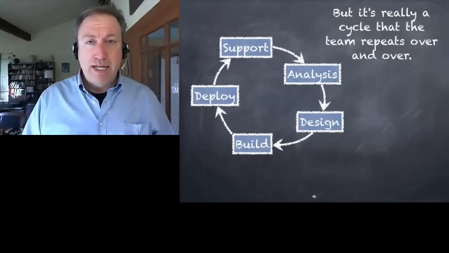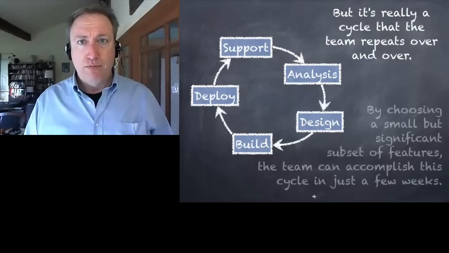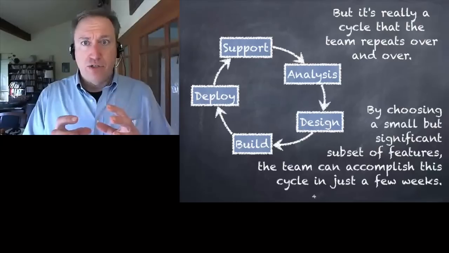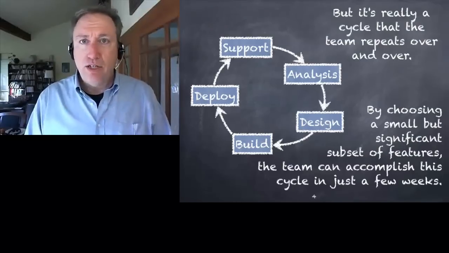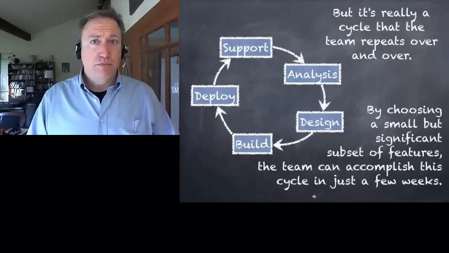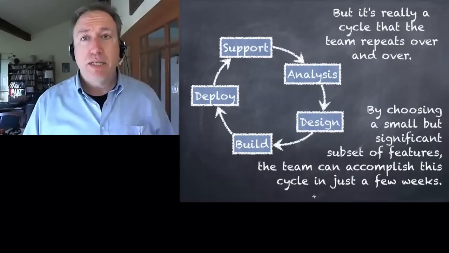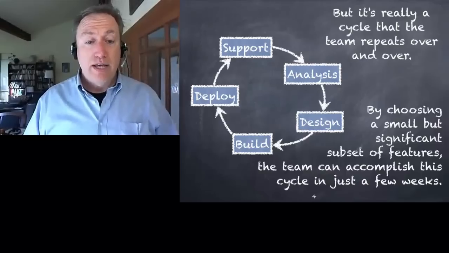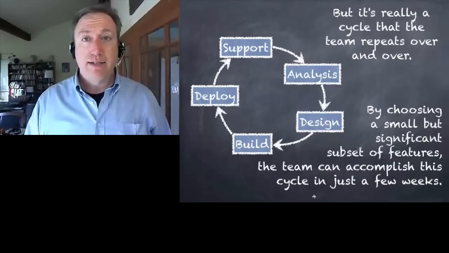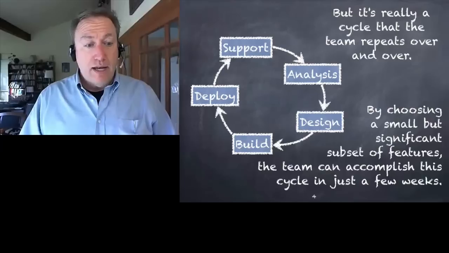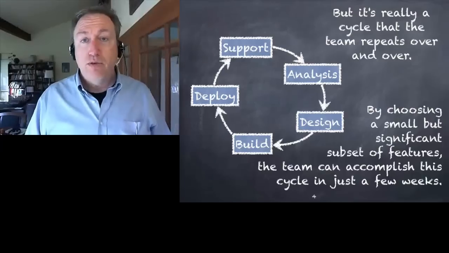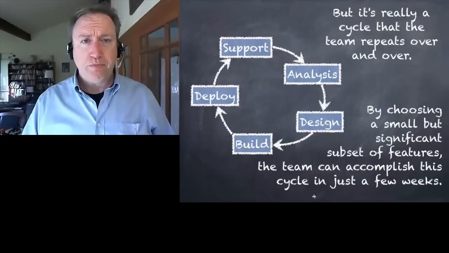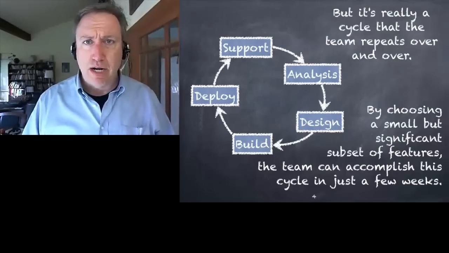In fact, if you break the system down into a small enough piece, you can take just a subset of the features, completely analyze what they need to do, design a great set of features, build them, and show them to the customer in just a couple of weeks or maybe a month. That way they can tell you right away, yes, that's the system we want. And you do this a couple times and pretty soon you've got enough functionality that the customer is ready to go. This is called an iterative process.